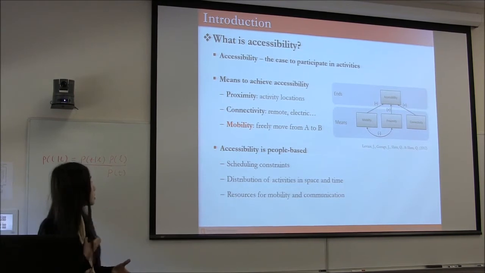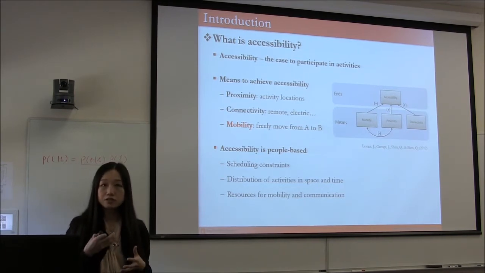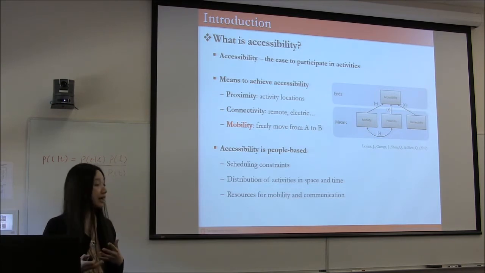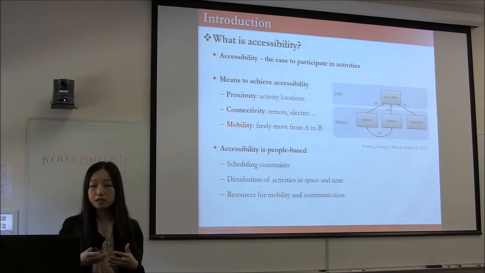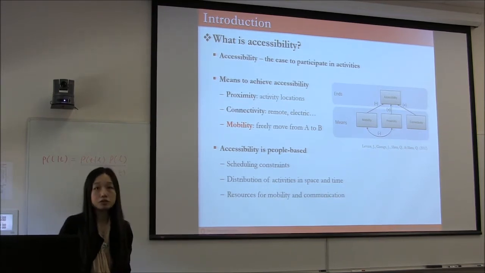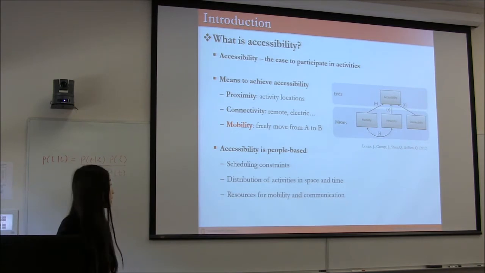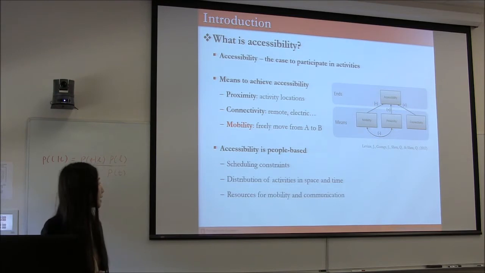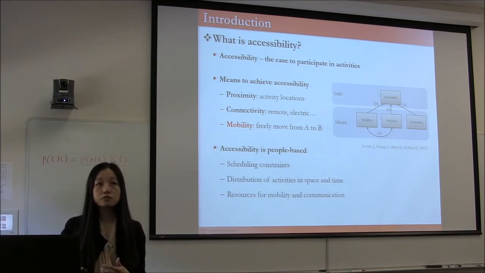Another way to achieve it is to increase connectivity through other means like telecommunication and remote technologies. And the third, the most important and the one that catches a lot of attention, is mobility. It tries to make it very easy for people to move around.